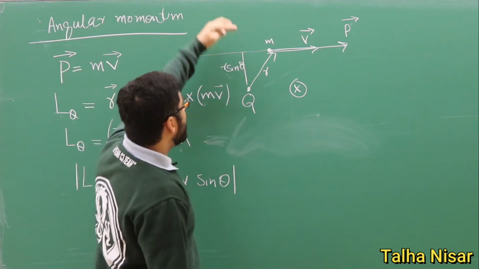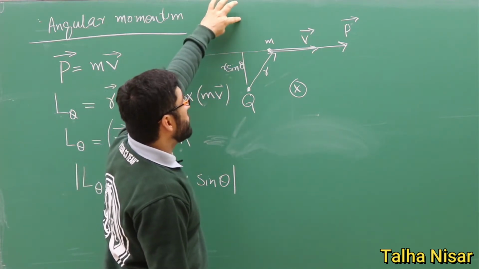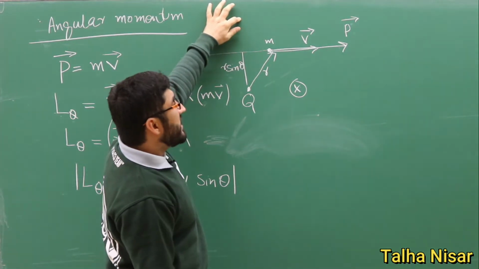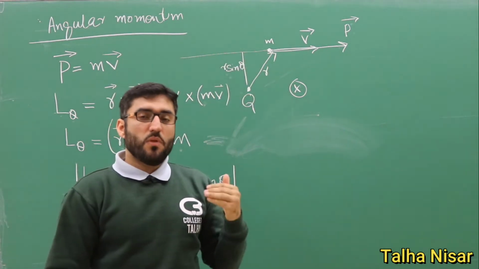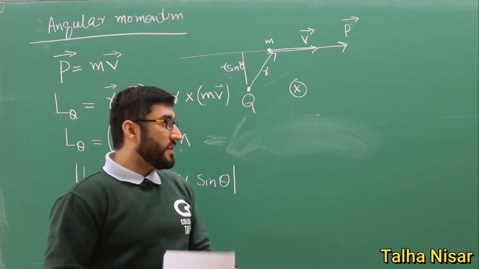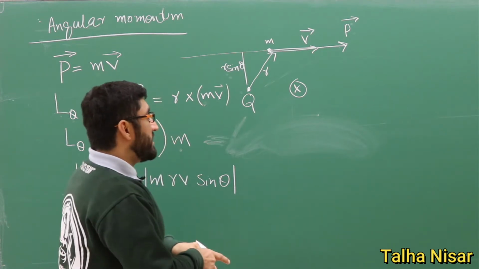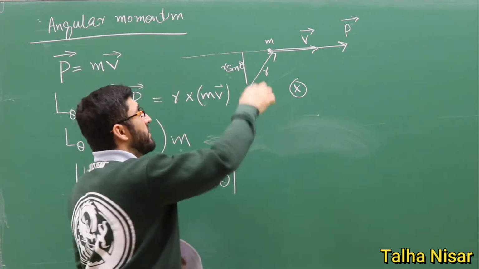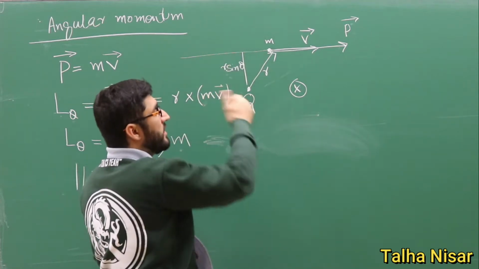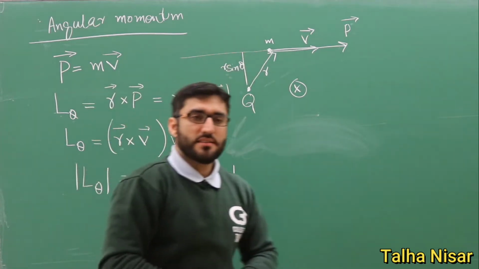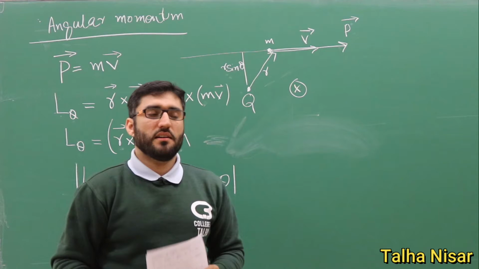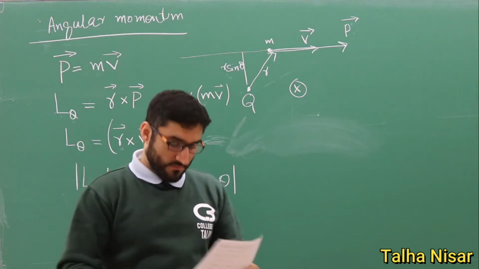But if Q is on the other side, then the angular momentum direction will be different. Right now it's in this direction, but if we take this reference point here, then it's outward. So this is the general definition of the angular momentum.